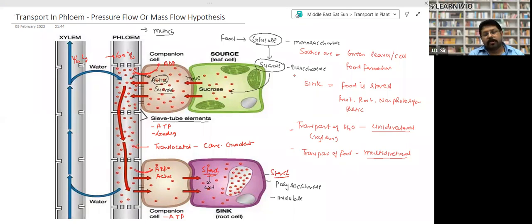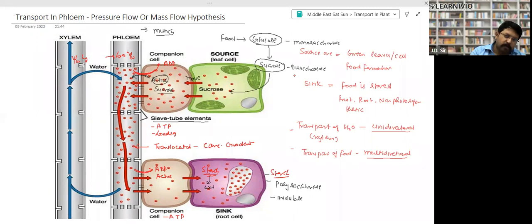When we talk about water transport, the transpiration pull theory works. When we talk about the transport of food material, this theory works, and it is called the pressure flow theory or mass flow hypothesis. The pressure flow hypothesis was given by a scientist named Munch, right? So Munch gave this.